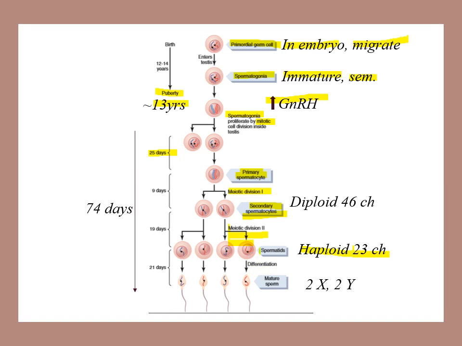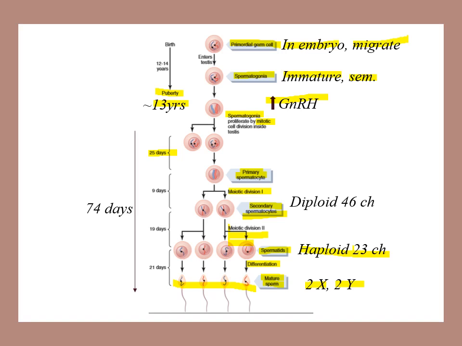These spermatids will further differentiate in a process that takes about 21 days into mature sperms. So one primary spermatocyte will give rise to 4 mature sperms. 2 of them have the sex chromosome X, and 2 of them have the sex chromosome Y.